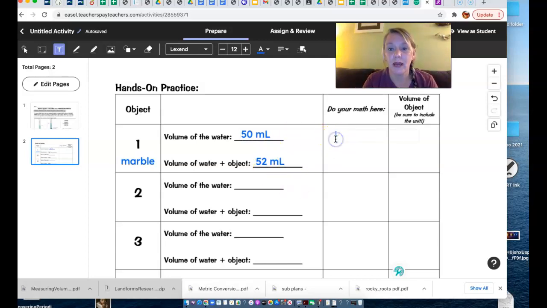I'm going to do my math here. I'm going to take 52 and subtract 50. And I'm going to get a math problem that is taking up too much space is what I'm going to get. I'm going to get 2 milliliters.